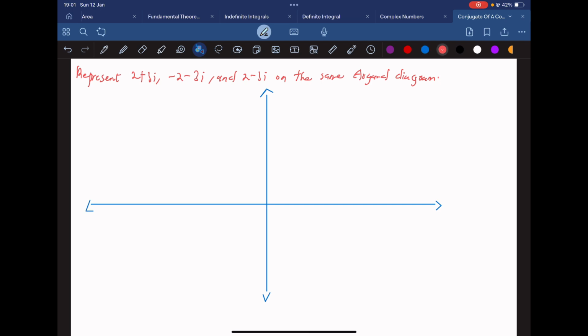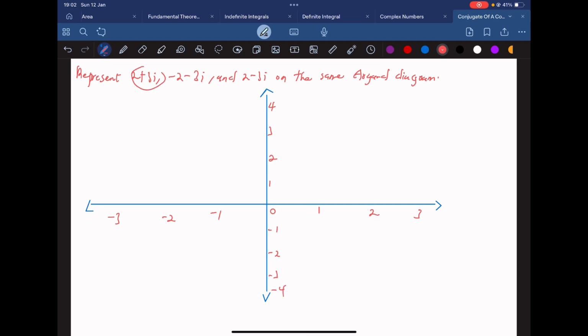Let's number them: we have 0 here, then 1, 2, 3, and -1, -2, -3. We also have 1, 2, 3, 4, and -1, -2, -3, and -4.